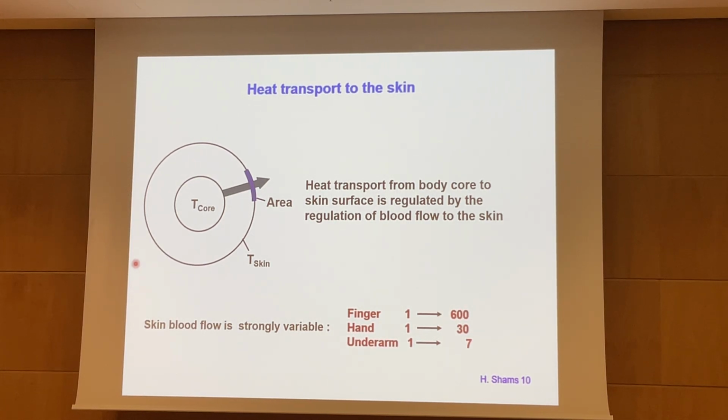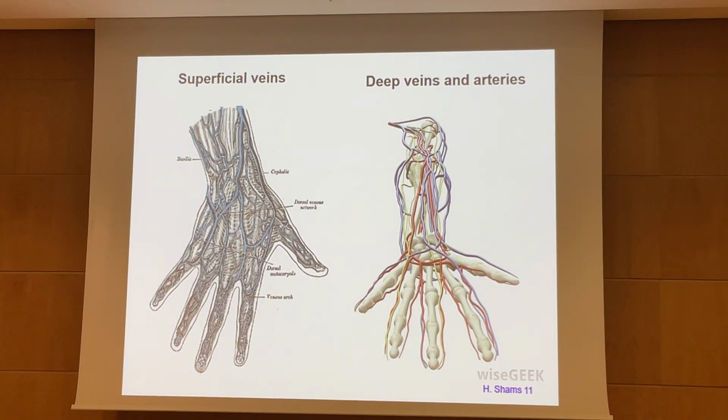Okay, and now if you look at the hand, as you learned in anatomy, you have deep arteries and deep veins. And then also you have superficial veins. Now if you want to conserve the heat, for instance, it is winter, you don't want to dissipate so much heat, what do you do?